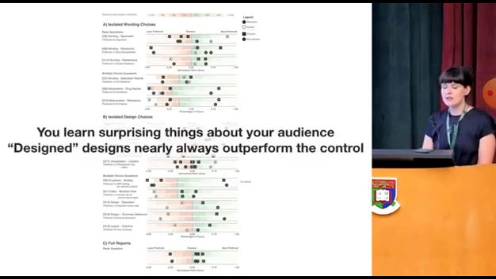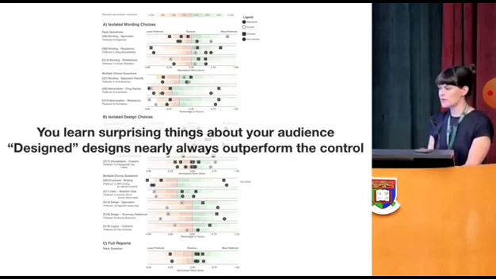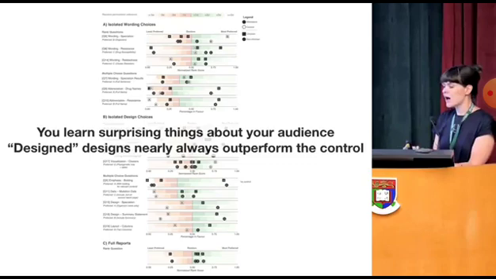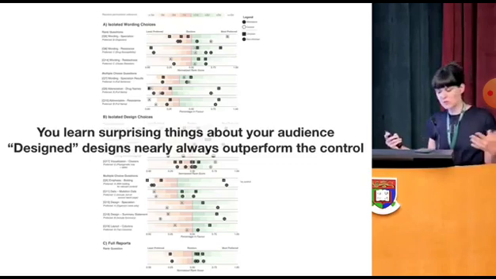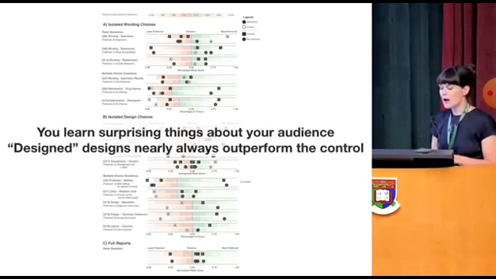The first thing that I think is really important is that when you go out and talk to your end users about how you're communicating genomic data to them, you always learn very, very surprising things about their perspectives on that data and how they're using that data and some of the constraints that surround how they use that data.